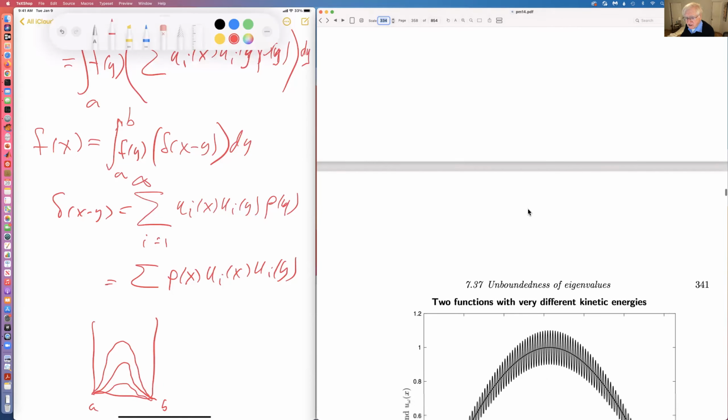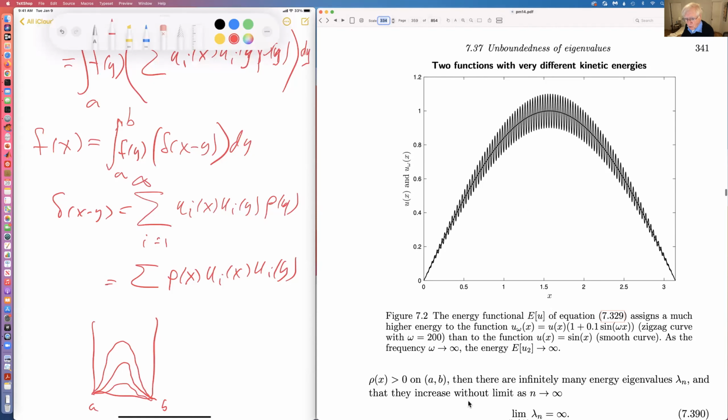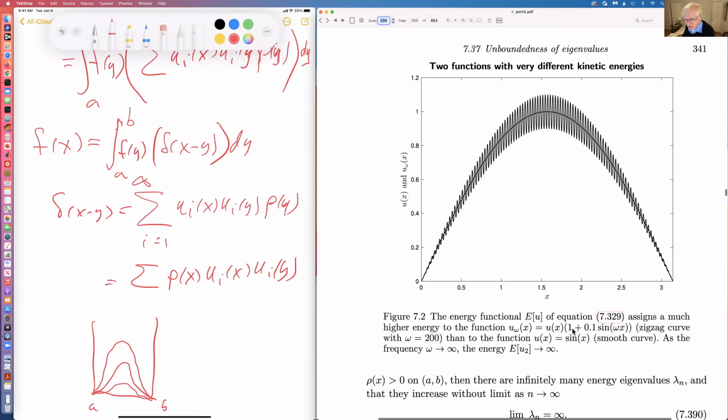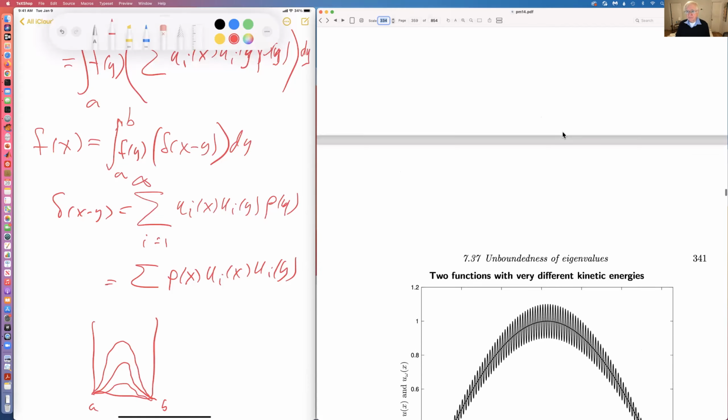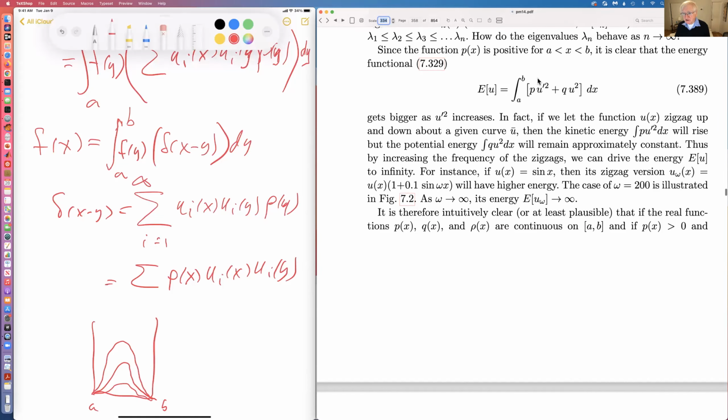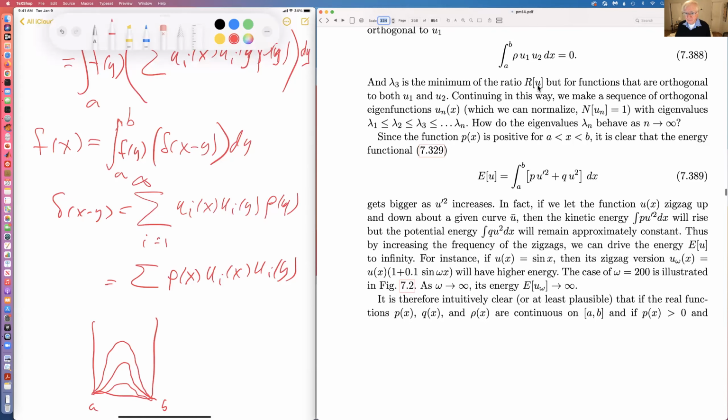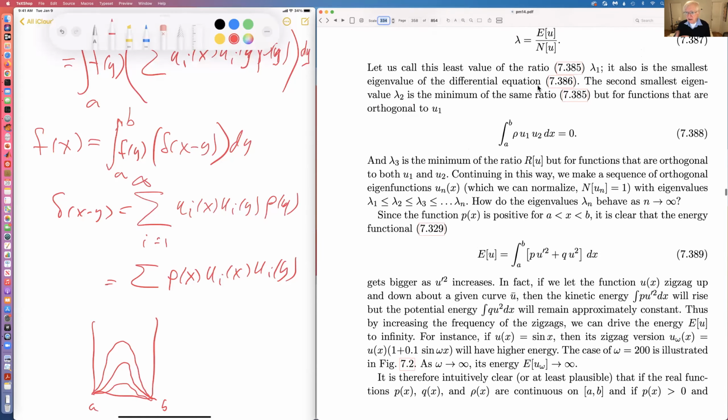So in other words, here's an example where the function u just is sine of x, and it goes from zero to zero as x goes from 0 to pi. But I've added to it 0.1 times sine omega x, where omega is 200. And so then you get something with a huge amount of wiggle. And so the energy given by this expression is going to be quite high. And so you can make the eigenvalues arbitrarily high.